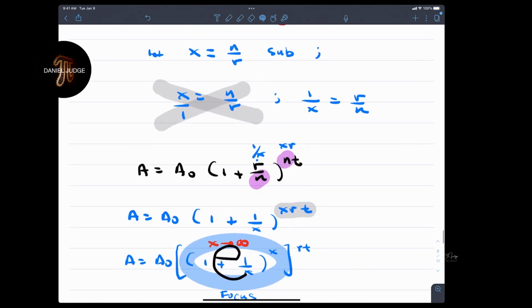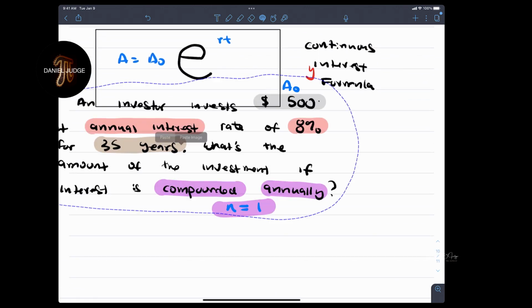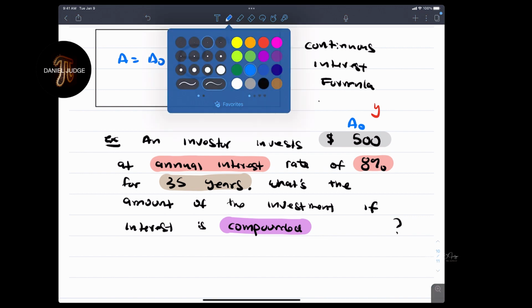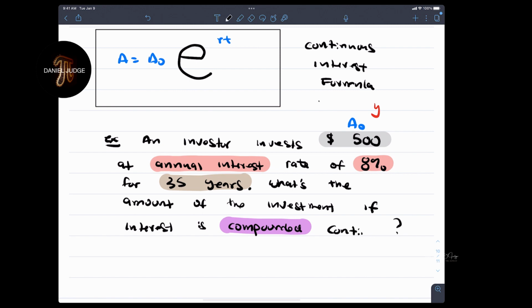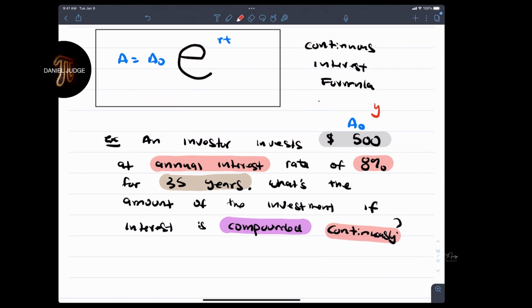So we want to know, what does our money become if we could get paid our interest compounded? Let's change this word here. Continuously. And that's the new formula that we use to answer a continuous interest situation.